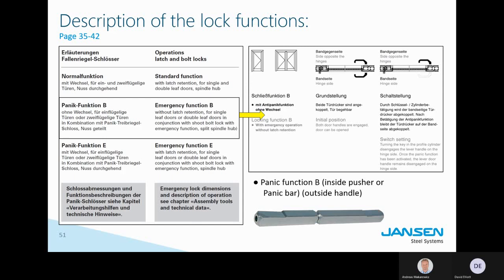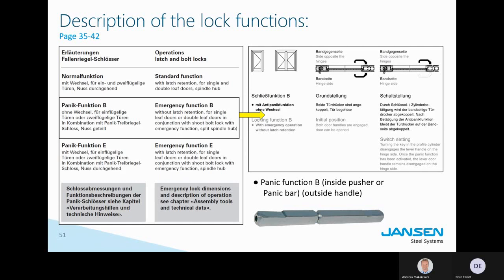So this is actually the function used mostly in panic doors, function B here in Europe. The fireman just breaks it down with an axe. Right. There is, however, a function D, also called the firefighter function.